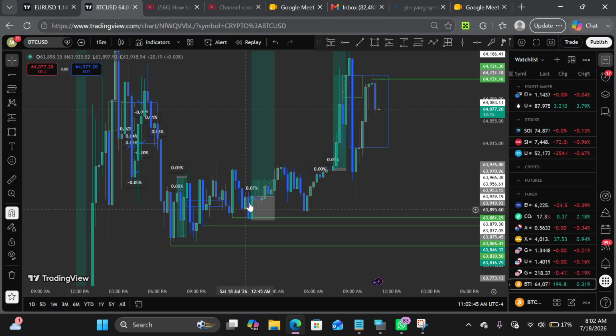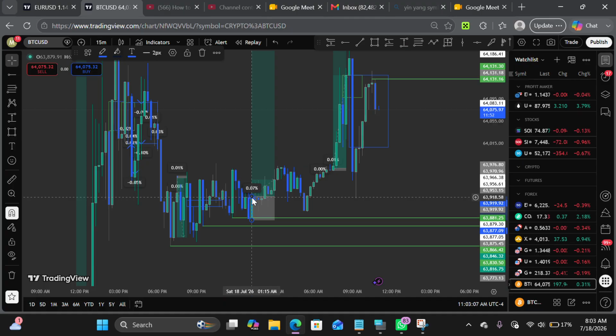Apart from the timing, I also look at the pips to stop loss. As you can see right here, I was making a measurement. I use this tool called price range. I check what my pips to stop loss is by taking the low to the high, and that is just about 0.07, which is a good pips to stop loss for me to use.